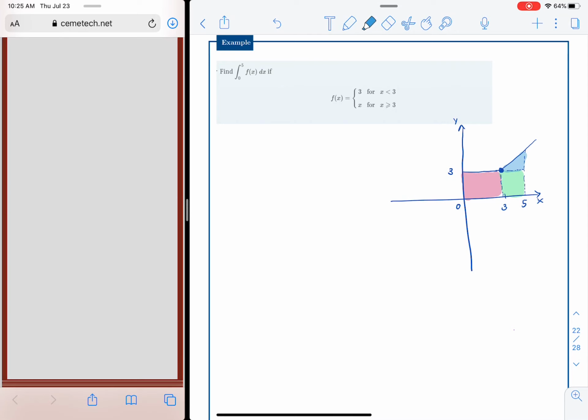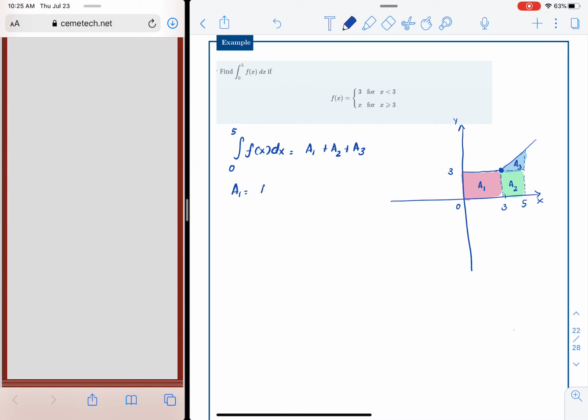By the looks of it, A1 is the area of a square, A2 is the area of a rectangle, and A3 is the area of a right-angled triangle. So the integral from 0 to 5 of f(x) dx would simply be equal to A1 plus A2 plus A3.